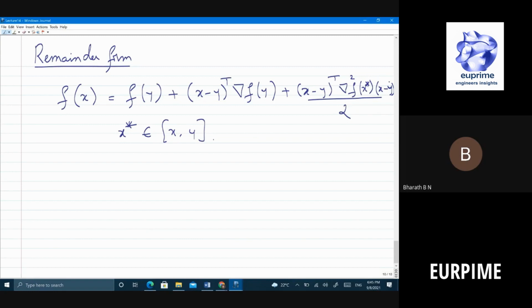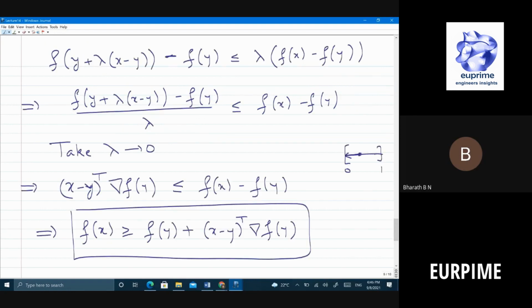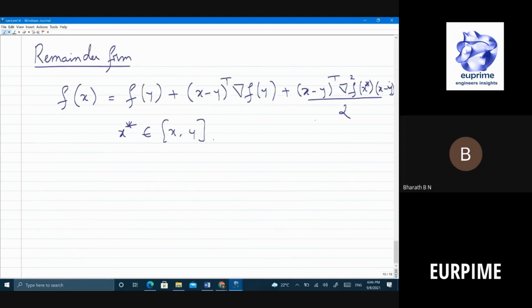Now, see, f of y plus x minus y times the gradient. So it's the gradient in the direction of x minus y plus higher order terms. What do we have here? F of x is greater than or equal to f of y plus x minus y transpose gradient at y. You stop there, you get an inequality, right? That means by adding this quantity, I get equality.